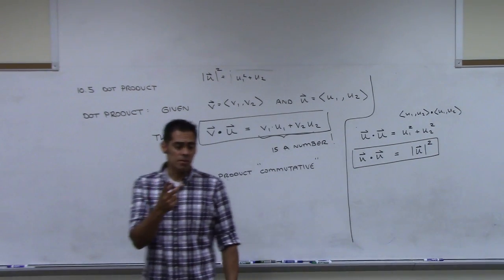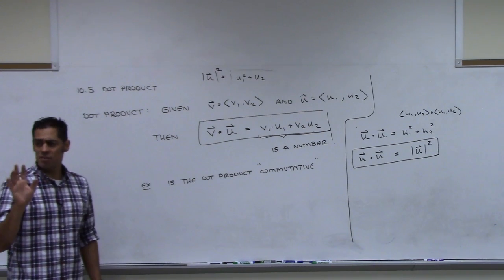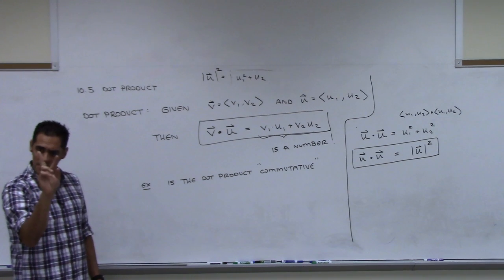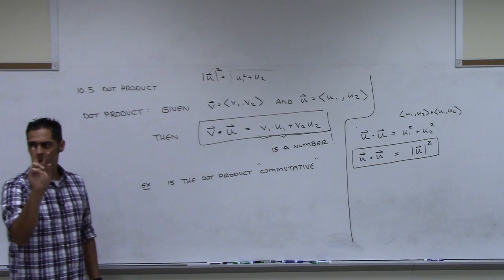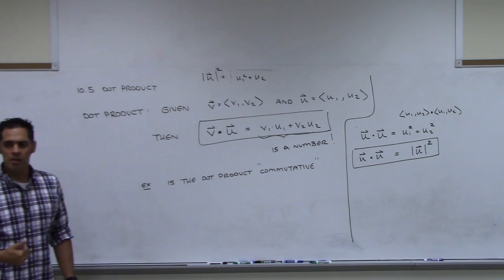Does the order matter? So, you know our multiplication in our number system? Our multiplication, it is commutative. 3 times 5 is 5 times 3. Does not matter the order. Subtraction is not commutative. 3 minus 5 is not 5 minus 3. But is the dot product commutative?